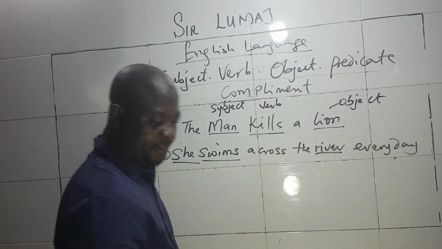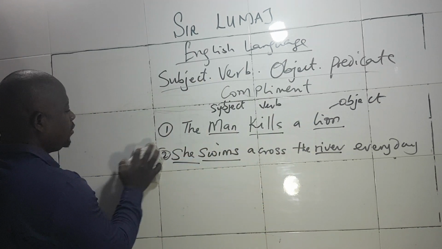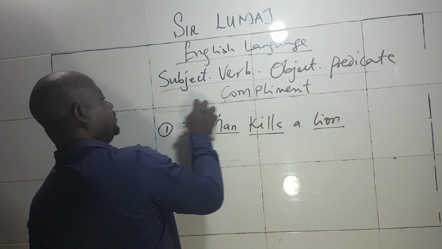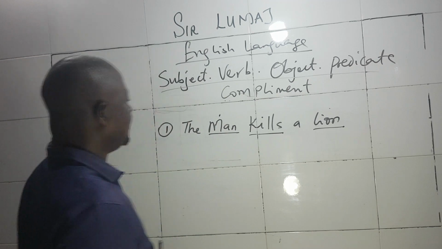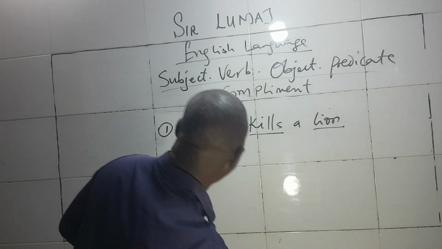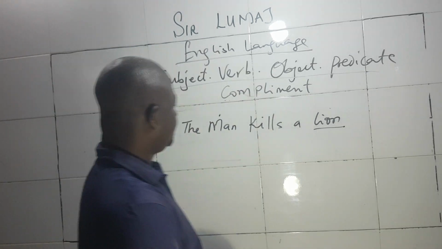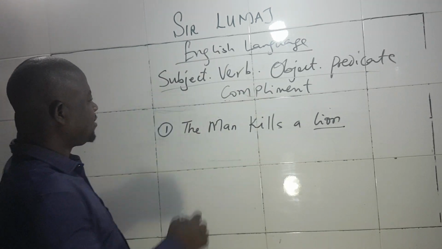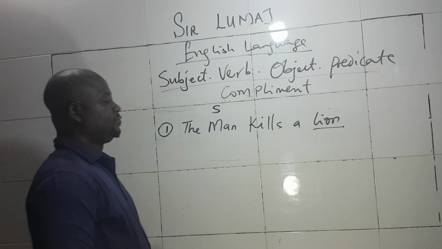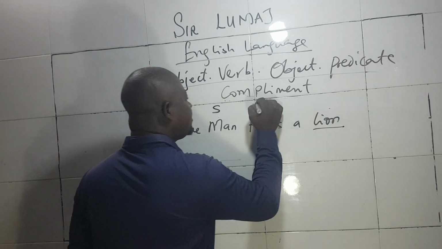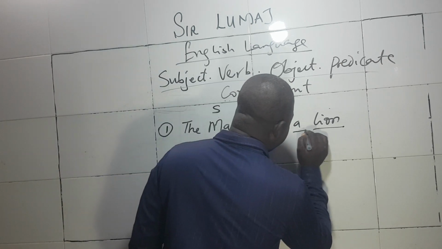Now, predicate. If I put this, the man kills a lion. Our subject here, S, is what? Man. Kills is the verb. Let's have that underline, a lion.